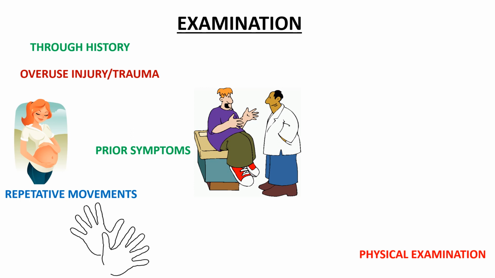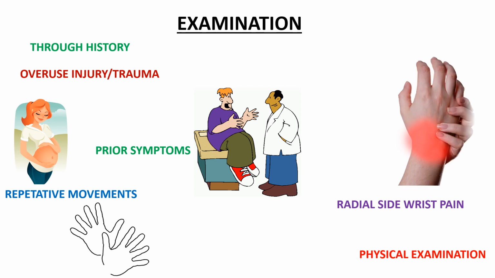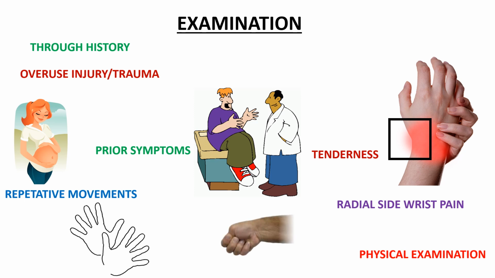In physical examination, the therapist will find radial side wrist pain which increases with wrist and thumb movement, and tenderness of the radial styloid process. One more thing is called the Finkelstein test. In the Finkelstein test, whether it is positive or negative should be checked.